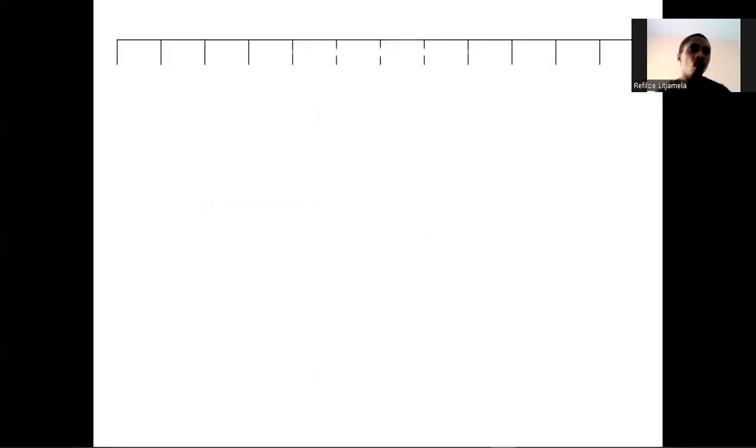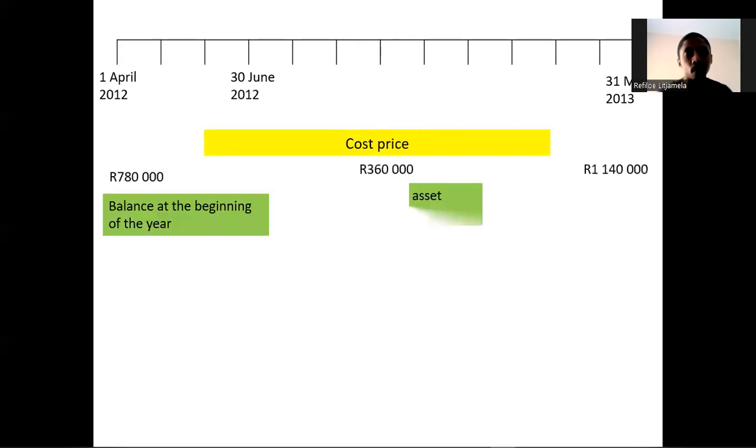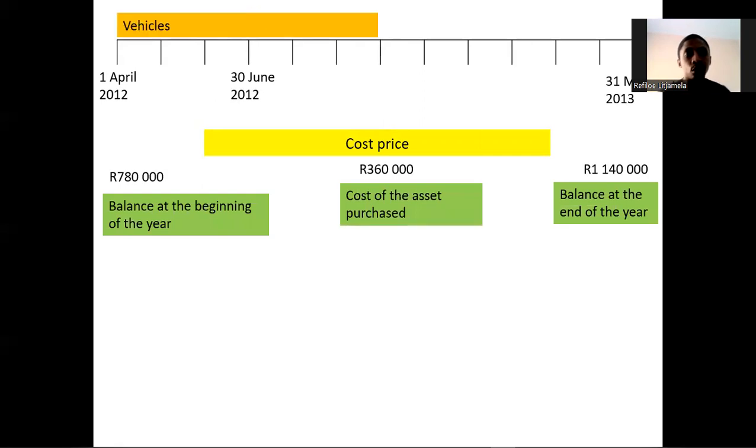In this case, our depreciation will be between the old and the new, okay? Not the remaining and the sold. Here is the old and the new. Now, when we depreciate this, we're always going to start with carrying value, which is the cost price, minus your accumulated depreciation at the beginning of the year.